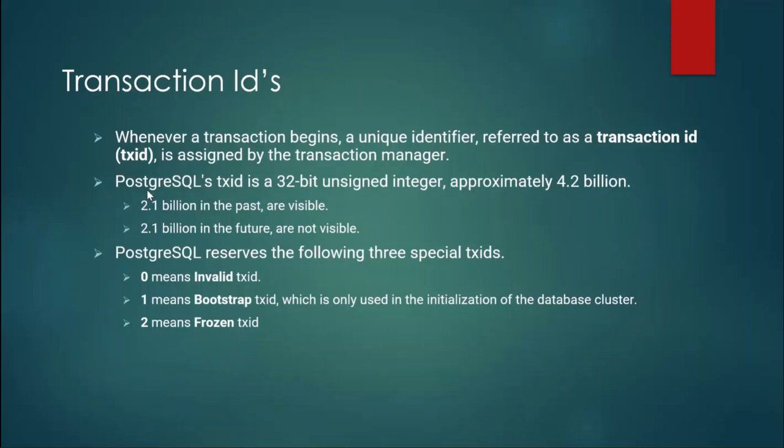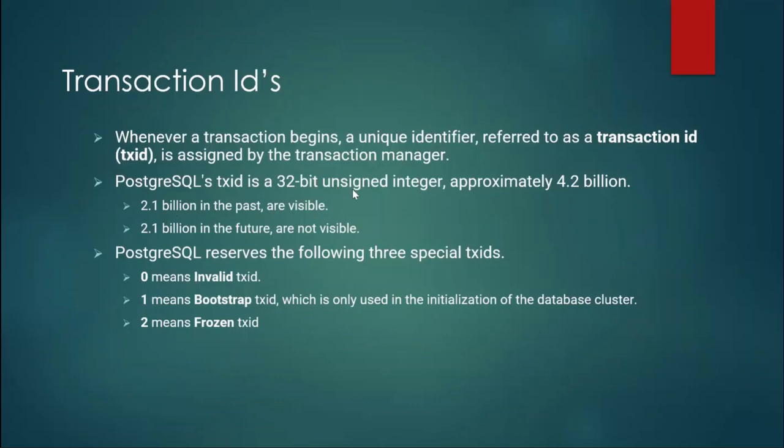For now, remember the transaction manager keeps allocating transaction IDs for each transaction, up to a maximum of 4.2 billion. Among 4.2 billion, you have 2.1 billion for past tuples and 2.1 billion for future tuples.